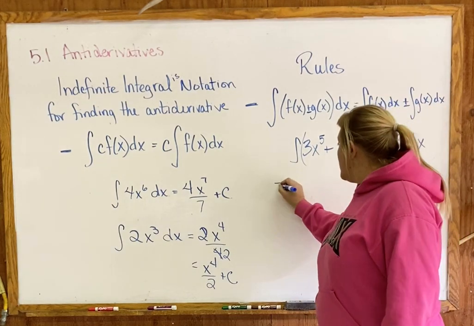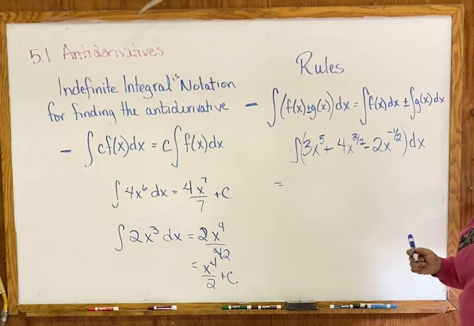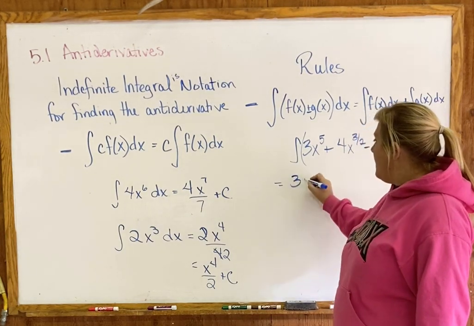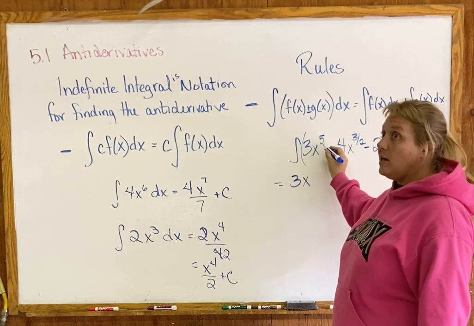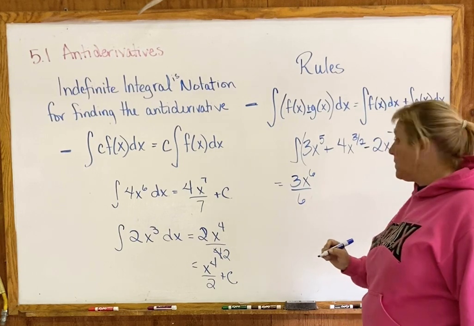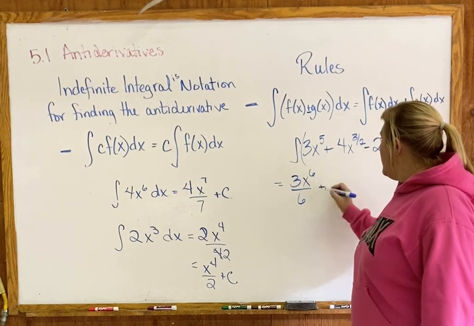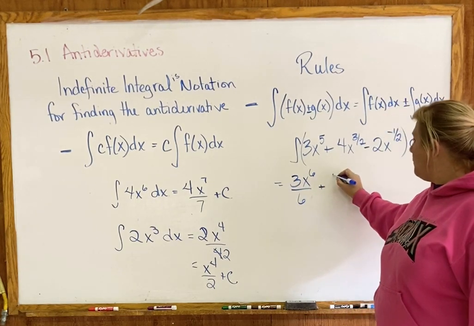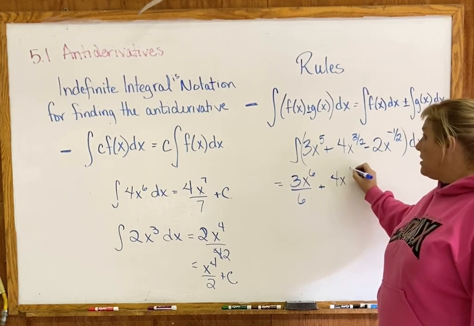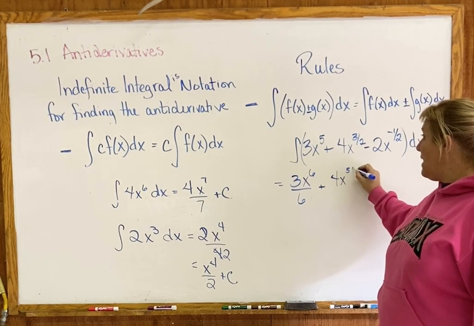All right, so every one of them has a constant multiple out front. So like this first one, we're gonna put the 3 out front. Then this is gonna go x to the 6 over 6. Okay, then this is going to be 4 out front. Now this one's going to be x to the 5/2, right?